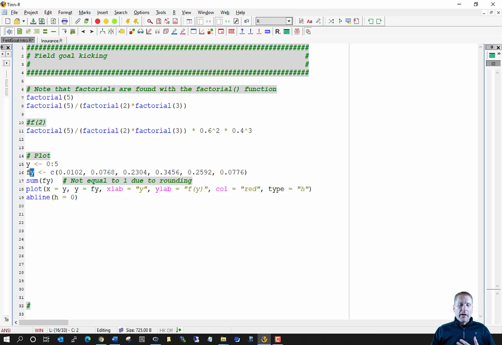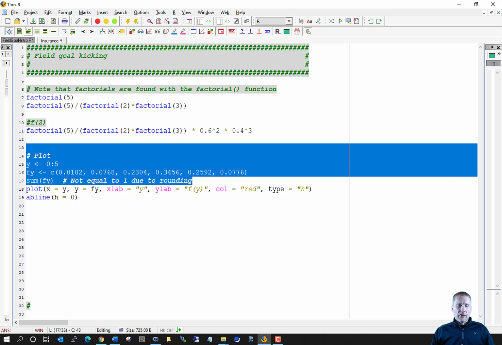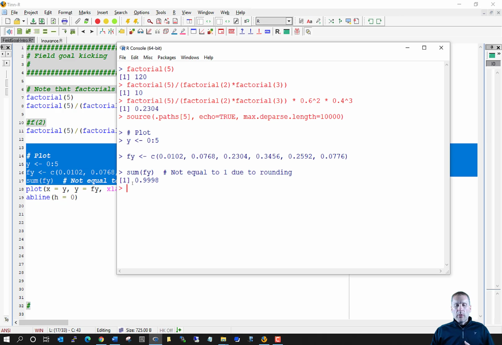The corresponding probabilities, I can get from what I've already written out. I just typed them in like that. Then I can sum up all those corresponding probabilities as well. And we can see I get 0.9998. Why isn't this equal to 1? Well, there's just some rounding, that's all.